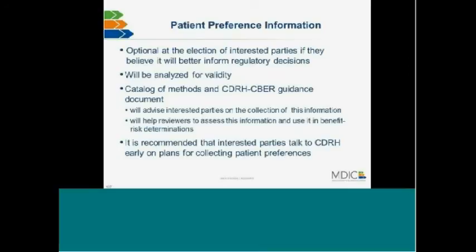So you see in the guidance, there are ways to say whether or not this information is valid. There is a catalog of methods and a CDRH CBER guidance document that will advise interested parties on the collection of information and will help our reviewers to assess the information and use it in their benefit-risk determinations.